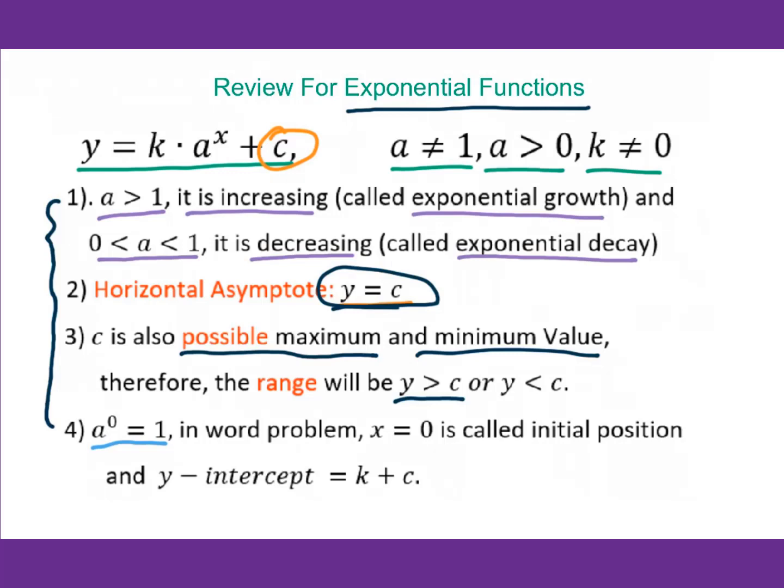In a word problem, x equals 0 is called the initial position, and the y-intercept equals k plus c. Because when you plug x equals 0 into this function, you get k times a to the 0 power plus c, that equals k plus c.